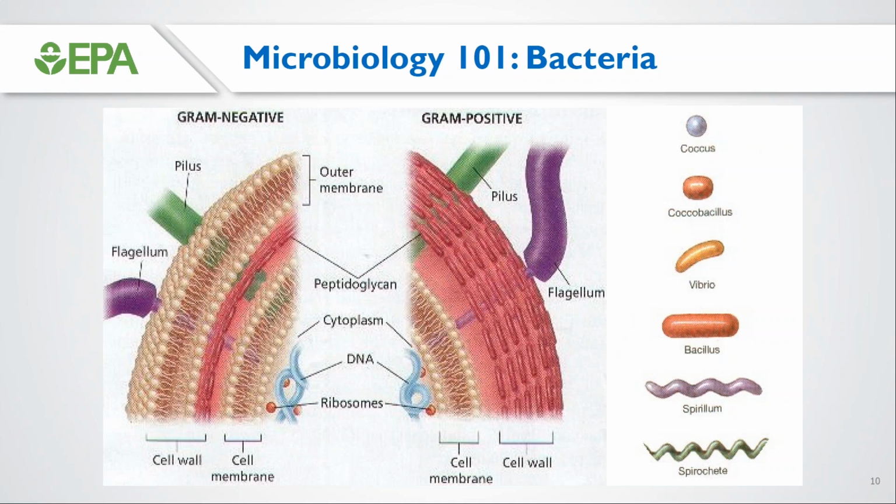This slide just gives you an idea of how diverse bacteria can be. They can come in a variety of shapes, different sizes, and morphologies. You can see on the right side of the screen all of the different morphologies that bacteria can be found in, from very small coccus to long spiral-shaped spirochetes.